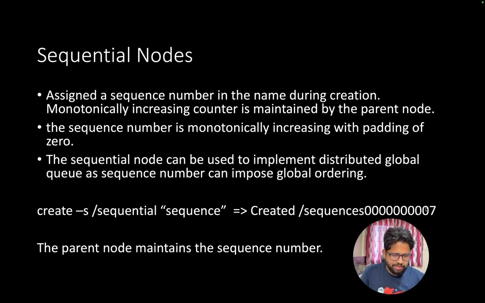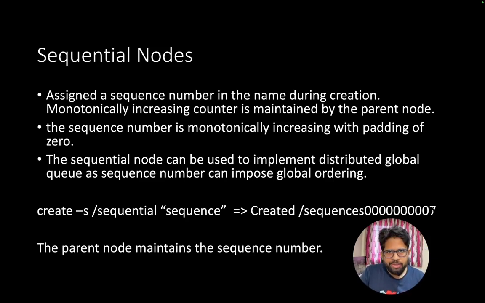This sequence number is maintained by the parent node. So if you create a parent node and then within that parent node, you keep on creating the children, each child will keep on appending this 1, 2, 3, 4, etc. So this will help you in ordering and sequencing and creating a queue so that you know which one got created first, which node got created second, etc. So it helps in that.